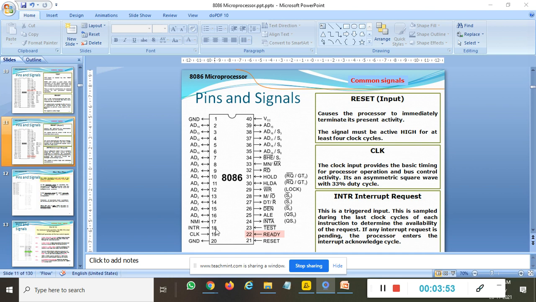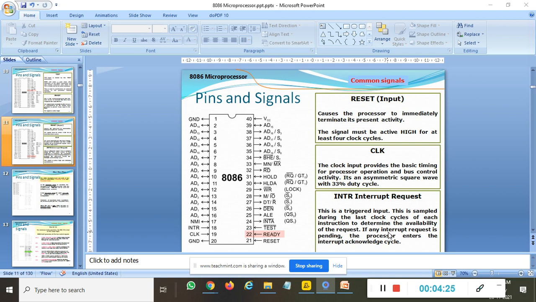Pin number 18 is the INTR or interrupt request. INTR is actually a level triggered input, and it is sampled during the last clock cycle of each instruction to determine the availability of the request.